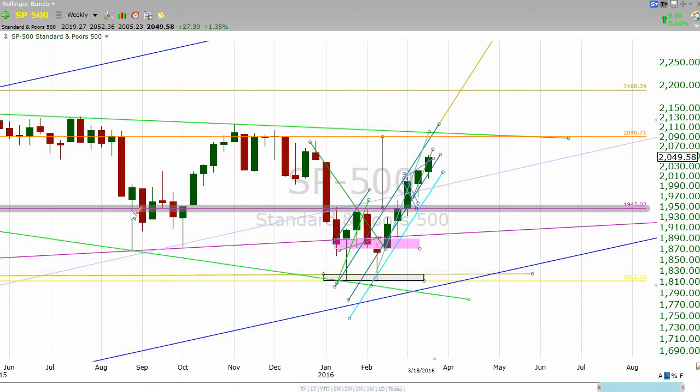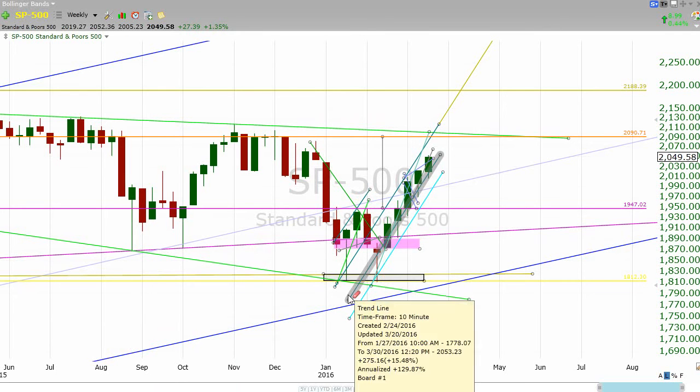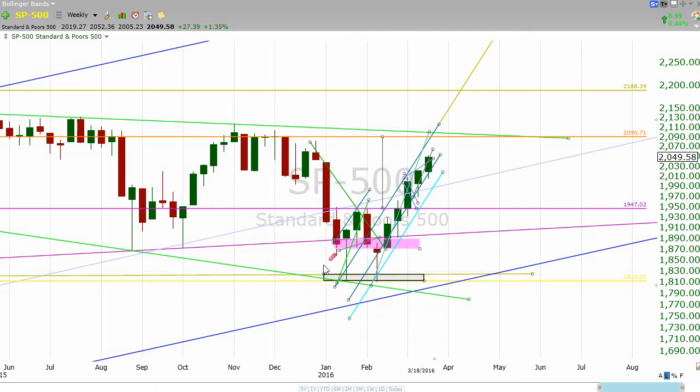We have one here that actually got back tested here, and then we had a second dip there, but that also formed a hammer. Then we had a rally. Then we had a hammer, and almost the same thing back here. A little rally, a second hammer, then we have our larger rally, and that is what we've experienced.